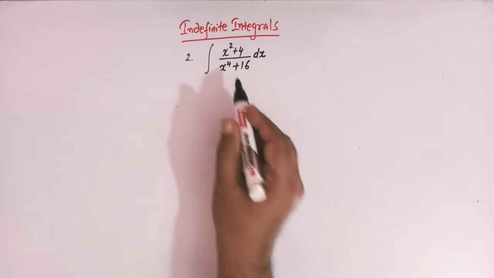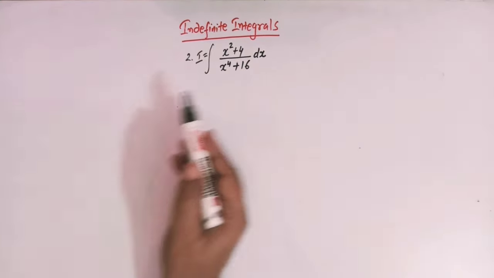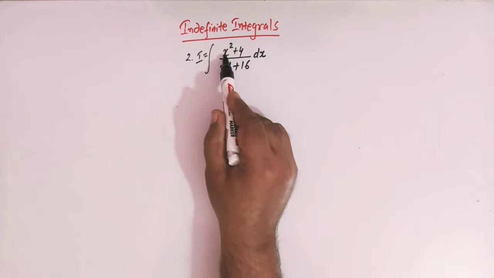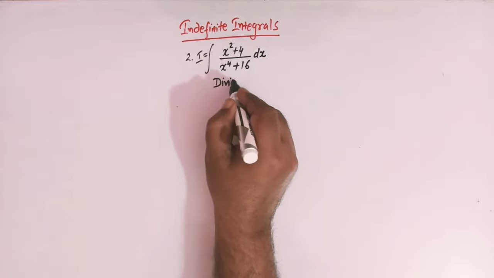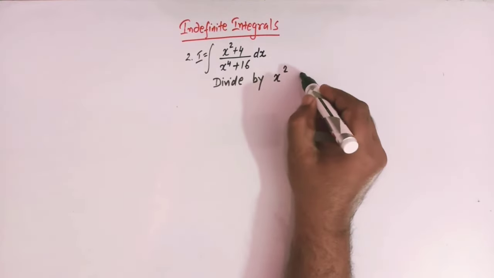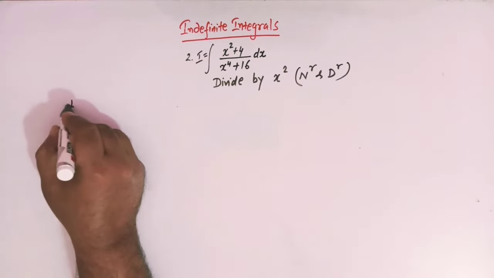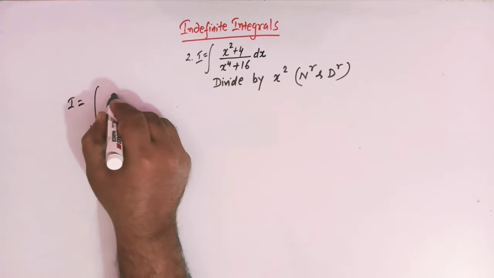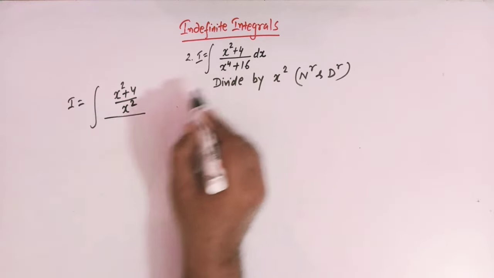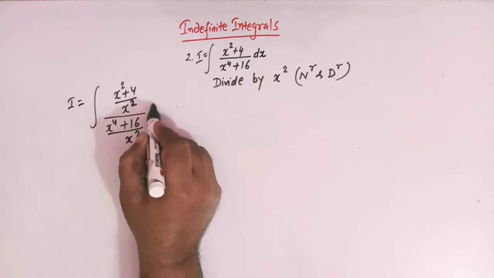So now in order to evaluate this integral, let us take it as I, and as we have done in our previous problem, we will divide the numerator and the denominator by x square. So we'll have I is equal to (x square plus 4) divided by x square, and divided by (x raised to 4 plus 16) over x square, right?